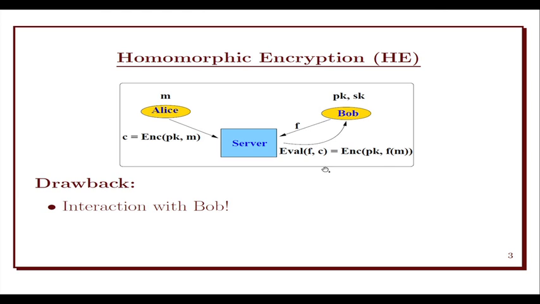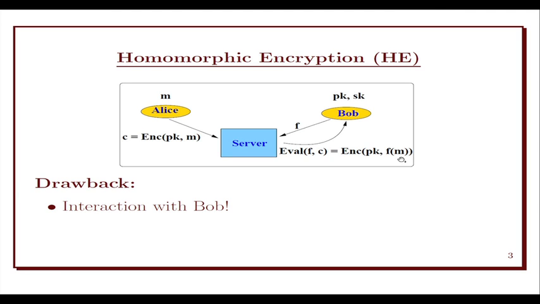Upon receiving this request f, the server will calculate f on the ciphertext, that is the eval operation, and eval should be able to generate the encrypted version of f of m using PK, the public key of Bob. Then we send this to Bob, and Bob, having his own secret key, will apply the decryption operation on this and get back f of m.